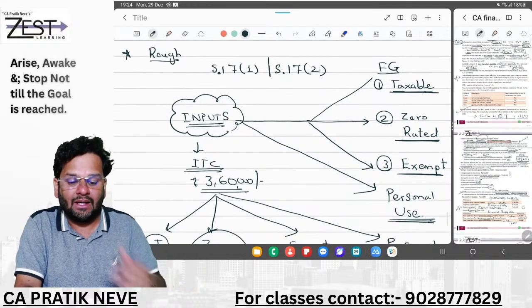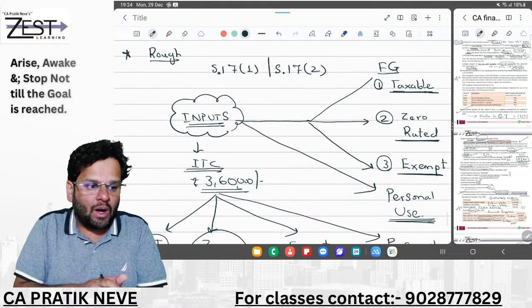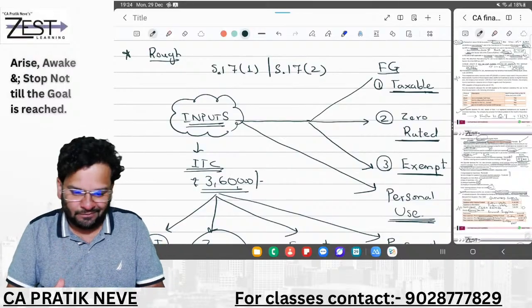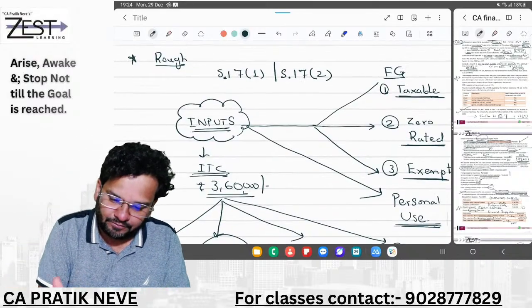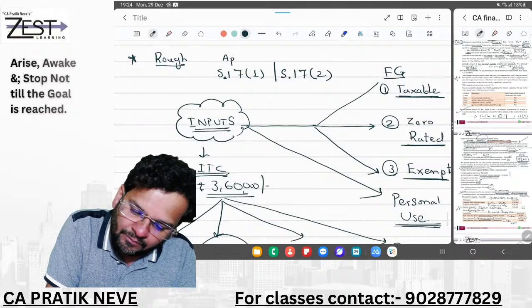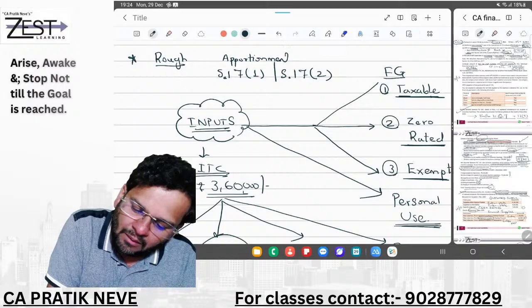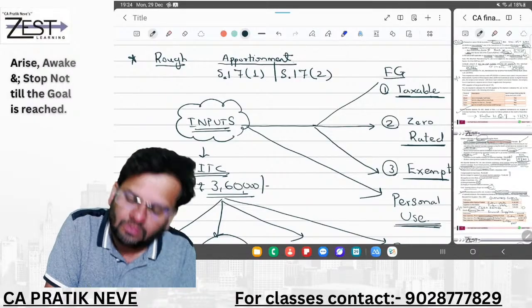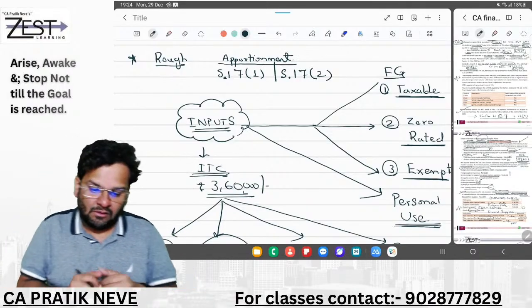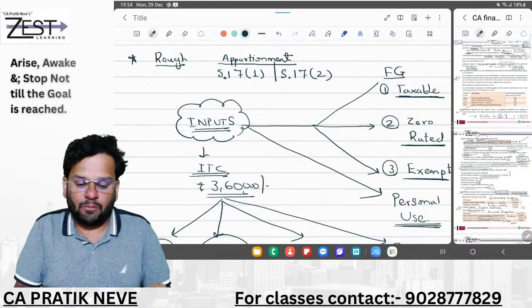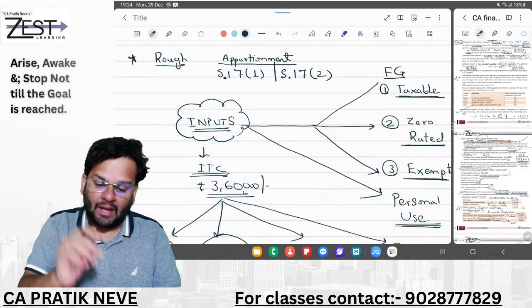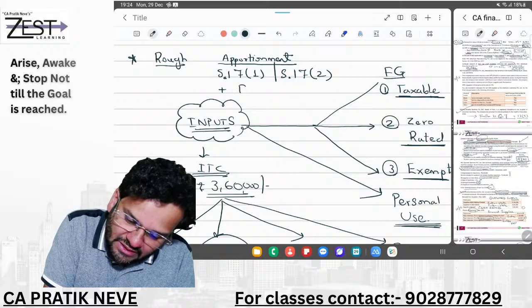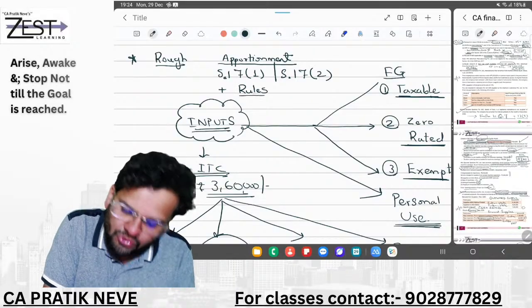So what I'm doing, I'm combining 17(1), 17(2) of apportionment. Clear, Nimmi? Clear, Chinu? I'm combining both the points of apportionment and telling you, and plus the rules related to the same we will be using.